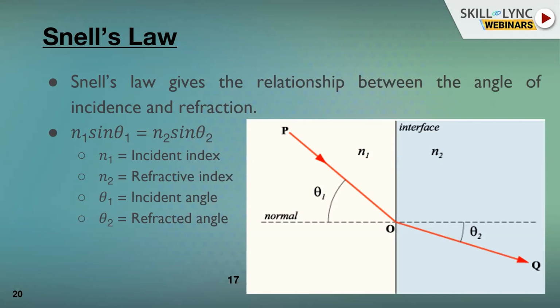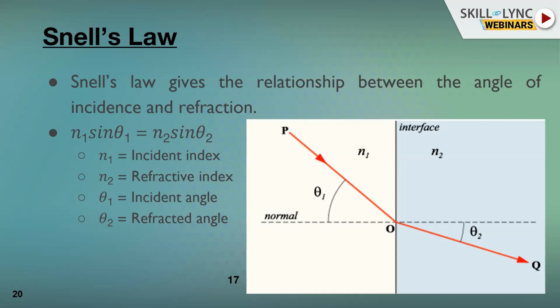What is Snell's law? Snell's law gives the relationship between the angle of incidence and refraction. Okay. So in the physical way, it is n1 sine theta 1 equal to n2 sine theta 2. N1 is the incident index, N2 is the refractive index.